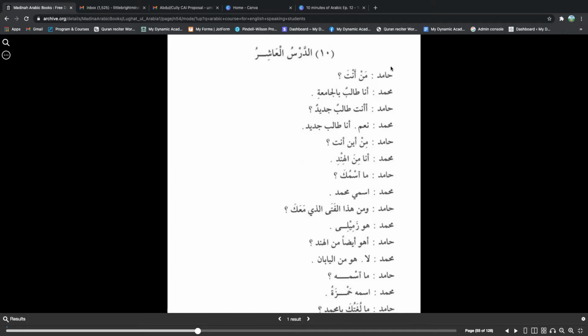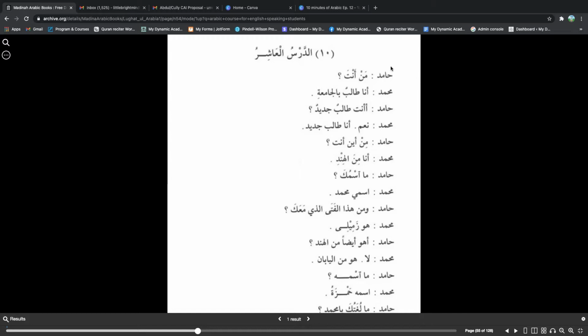So remember, when you make it possessive like that and you add a possessive pronoun, it can no longer have tanween. So you're basically going to take away one of the dhammas. You're going to have one haraka on the last letter, and you add the letter, the possessive pronoun, which is going to give possession to the person or thing.